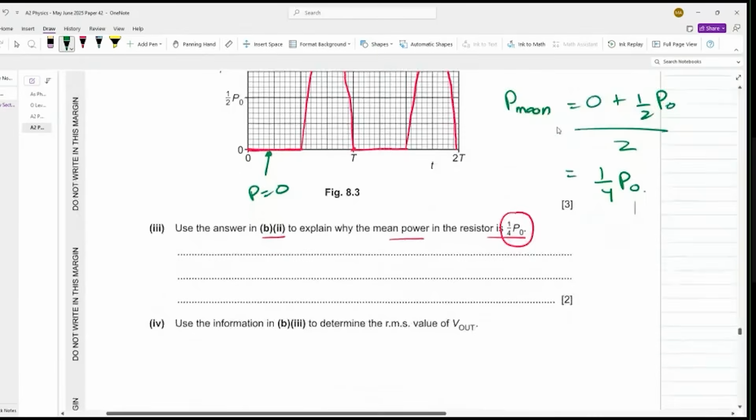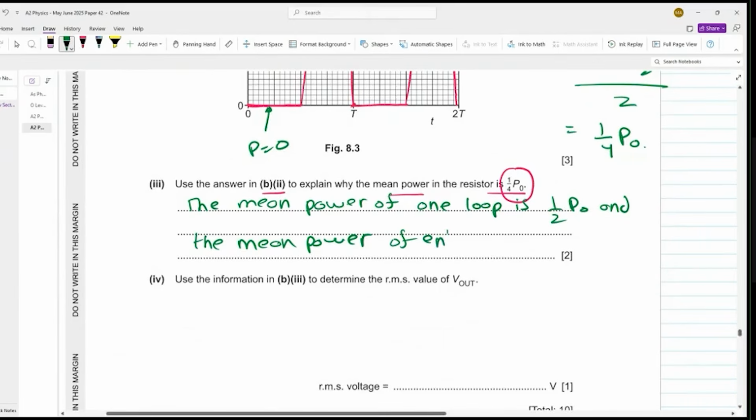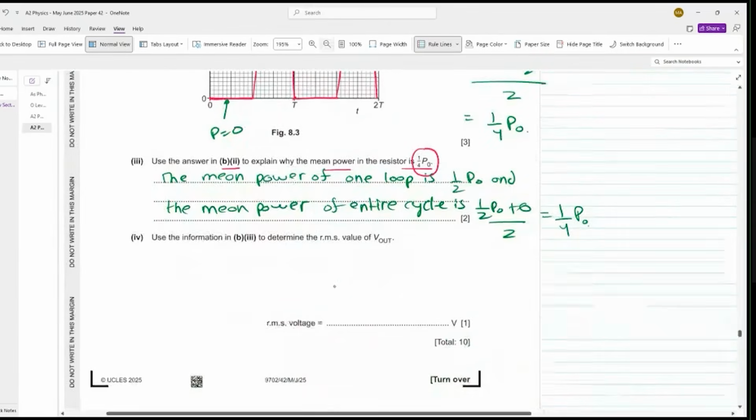So you can say the mean power of one loop is half P naught, and the mean power of the entire cycle is 1/2 P naught plus 0 divided by 2, that is equal to 1/4 P naught. Is this clear to you?